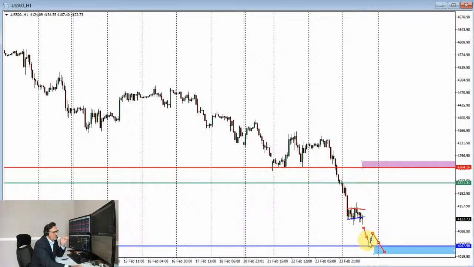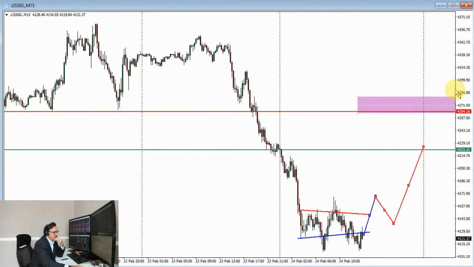The other scenario which could possibly happen today, we could see an attempt for the oversold bounce back at the open, because we are much lower than where we were at the close of yesterday.